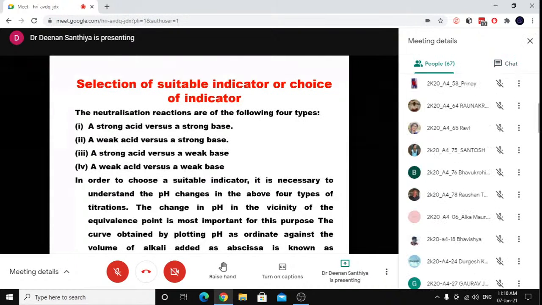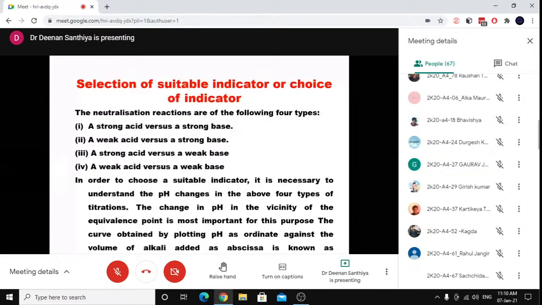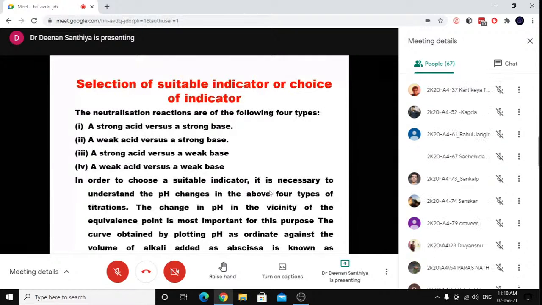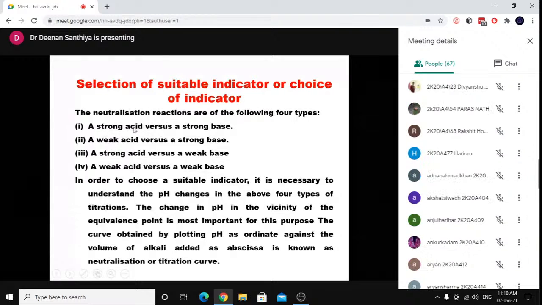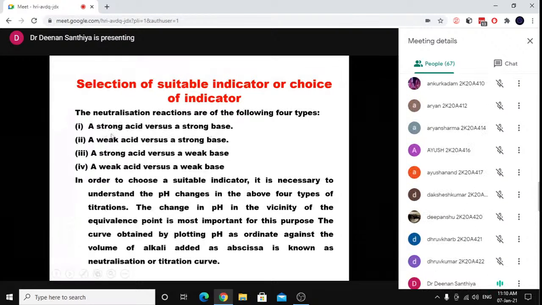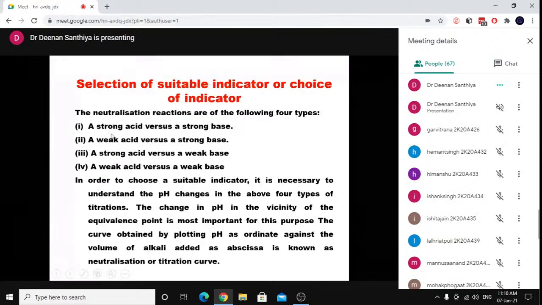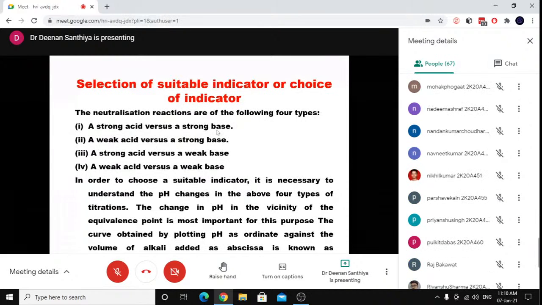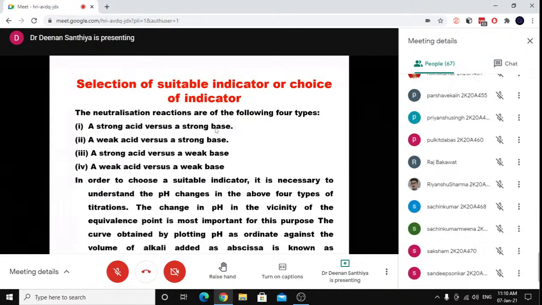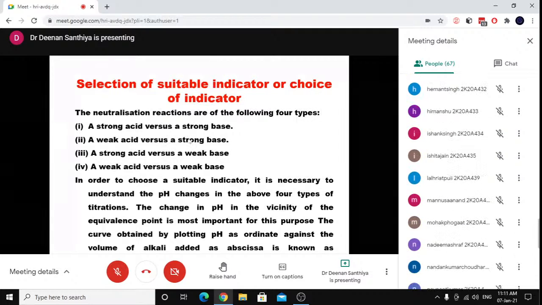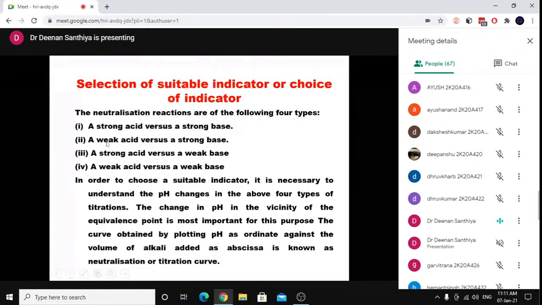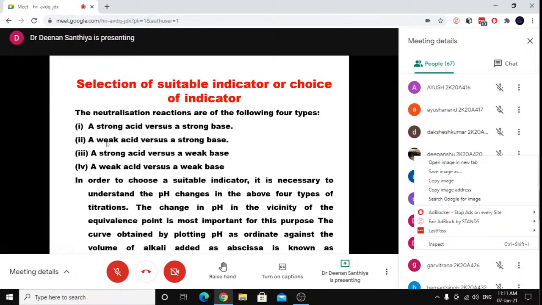Okay, so next, coming to the different types of acid-base titration. The first is a strong acid versus a strong base. The strong acid example is hydrochloric acid, and the strong base is sodium hydroxide. Then the weak acid versus a strong base. The weak acid is acetic acid, an organic acid. Mostly all organic acids are weak acids.